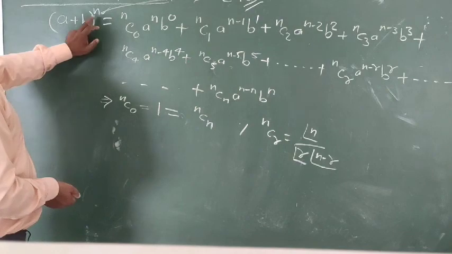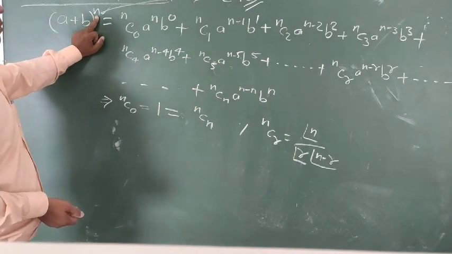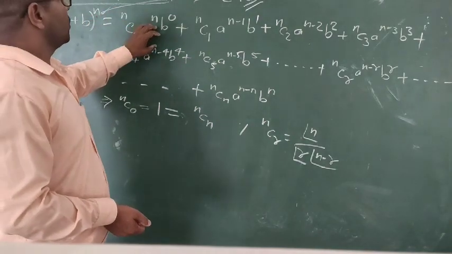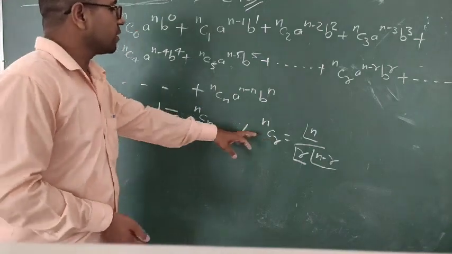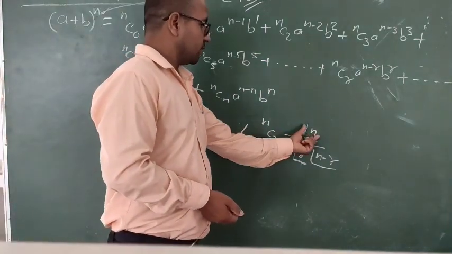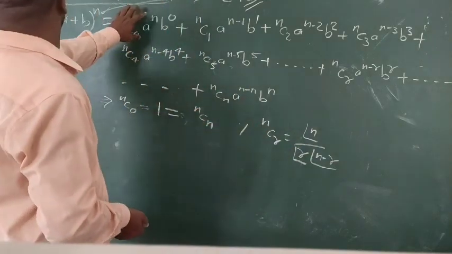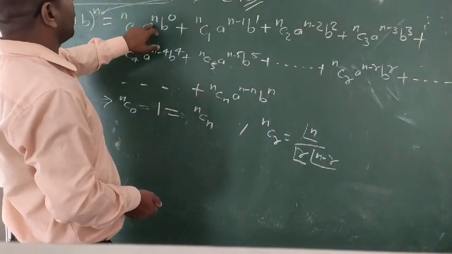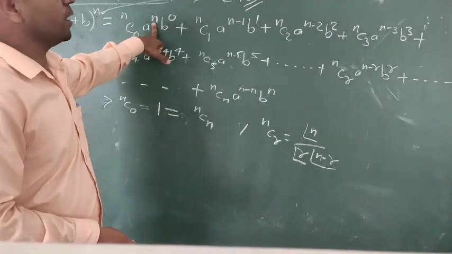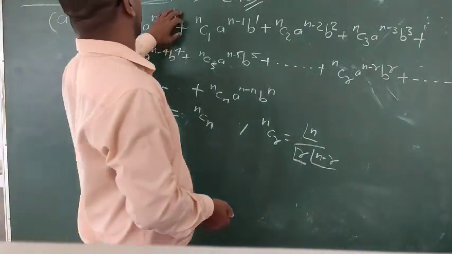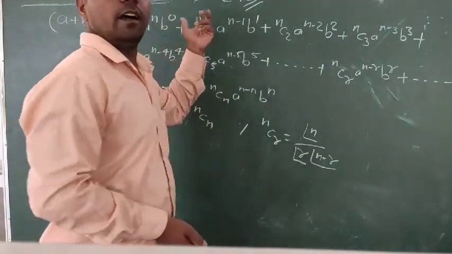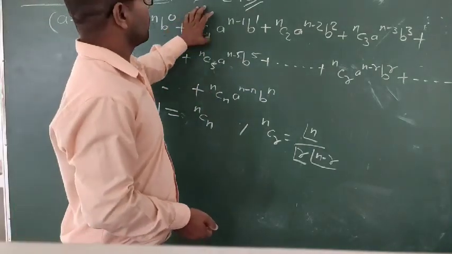So now you can prove it here by putting a plus b whole to the power 0. So 0C0, just use this expression. You are going to get here 0 minus 0, its value 1. And a to the power 0, its value is also 1. b to the power 0, its value is also 1. Total result will be 1 only.